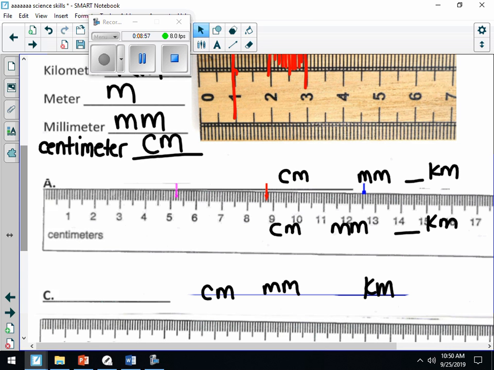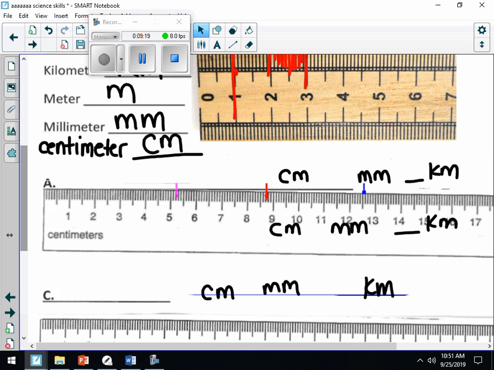Everybody sees what to do? Yes. Where it says 1, 2, 3, 4, 5, 6, 7. It actually says centimeters at the corner. Put your ruler at the corner. You're measuring centimeters. It should be about 12 centimeters and what else? 12.2, 12.3.